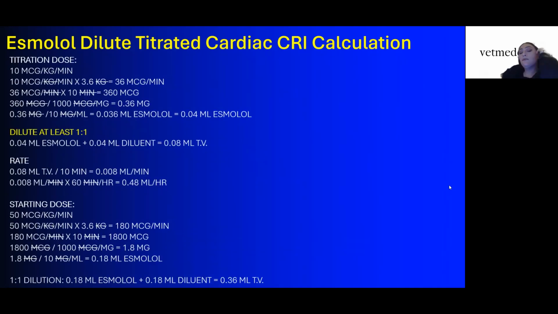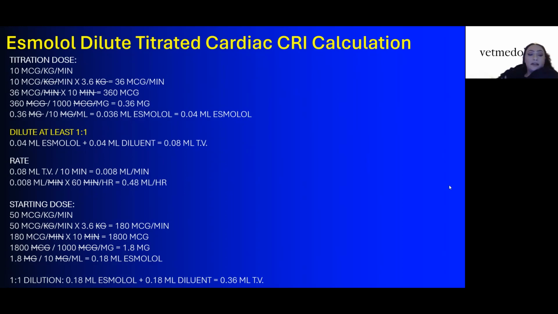So first you need to figure out your titration dose, which is 10 mics per kg per minute. So you take 10 mics per kg per minute times 3.6 kgs, and that is 36 mics a minute. 36 mics a minute times 10 minutes equals 360 mics. 360 mics divided by 1,000 mics per mg equals 0.36 milligrams. 0.36 milligrams divided by 10 mgs per mil equals 0.036 mils esmolol, or 0.04 mils esmolol.